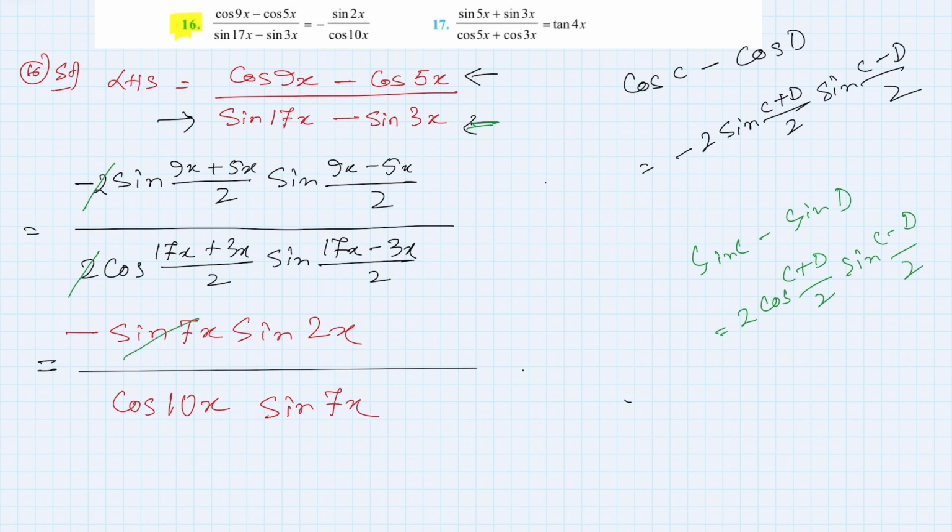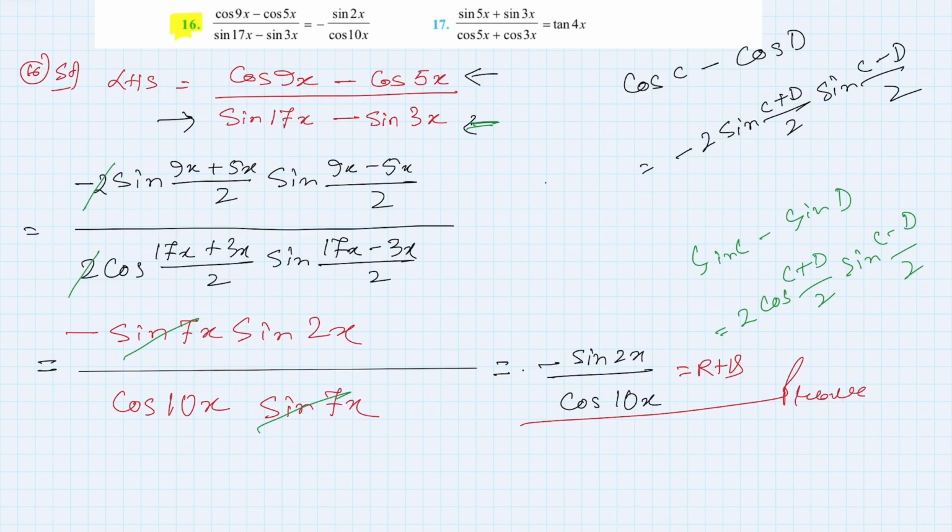So sin 7x is gone, and we have got the right hand side, that is minus sin 2x divided by cos 10x. Hope you have understood this. This is the right hand side, hence proved.